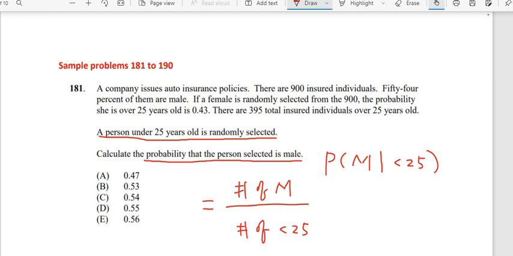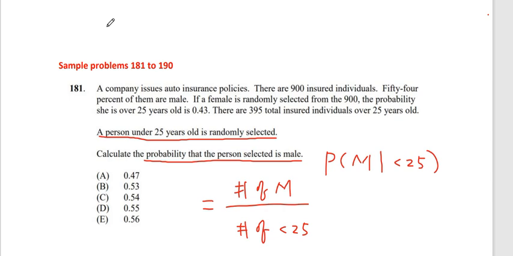Let's say the total number of people less than 25 is 900.